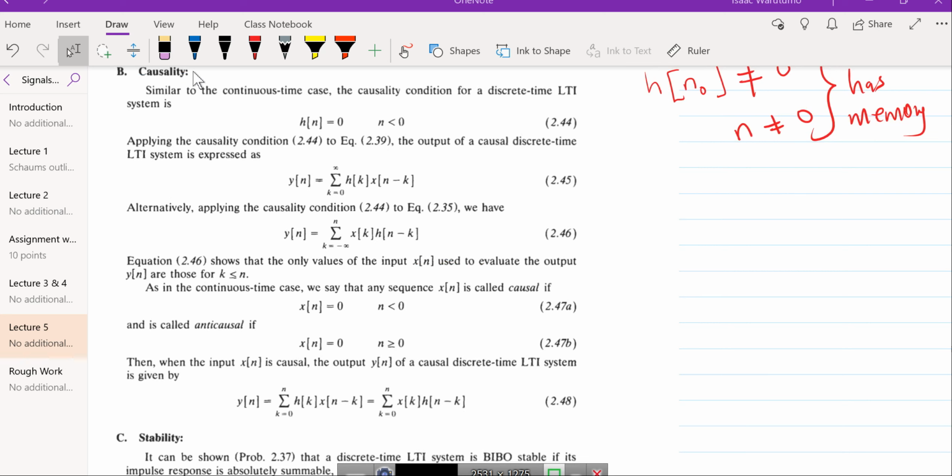The next point that we want to discuss is causality, and causality simply means that the impulse response of the system will be equal to 0 when n is less than 0. That means before the signal has been applied, n is less than 0.